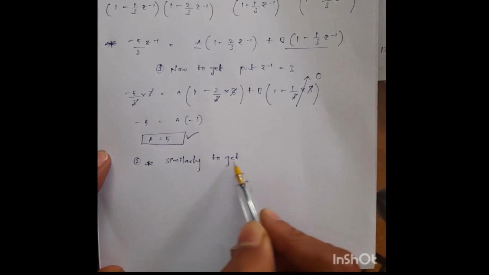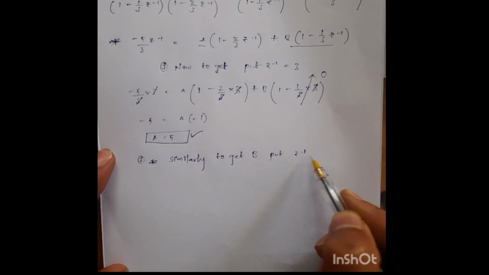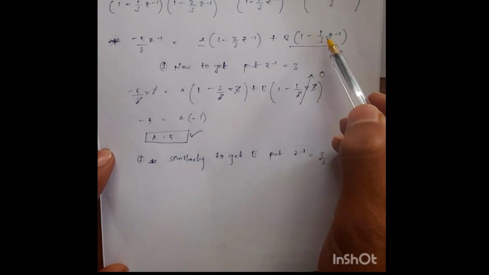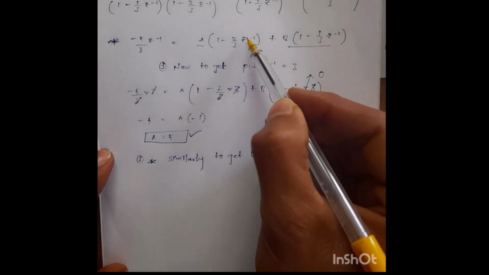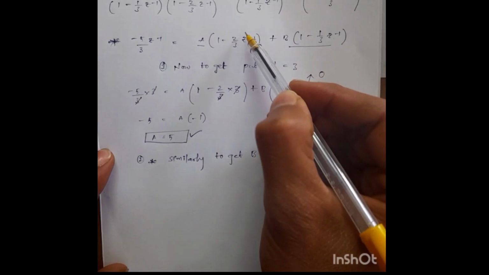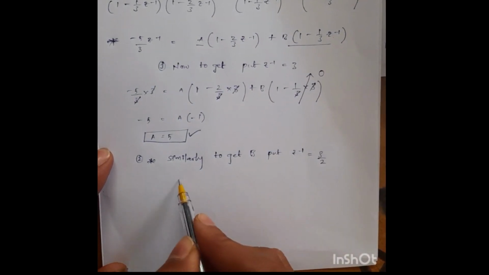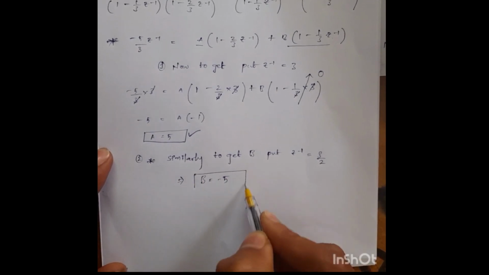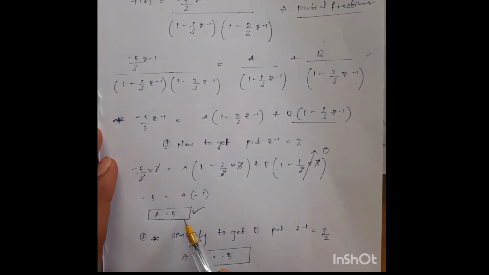Similarly, to get the value of b, put z inverse equals to 3 by 2 in this equation. With z inverse equal to 3 by 2, this complete a term will be 0. So then the b term will come out, and b came out to be minus 5. Now we got a equal to 5 and b equal to minus 5, right?